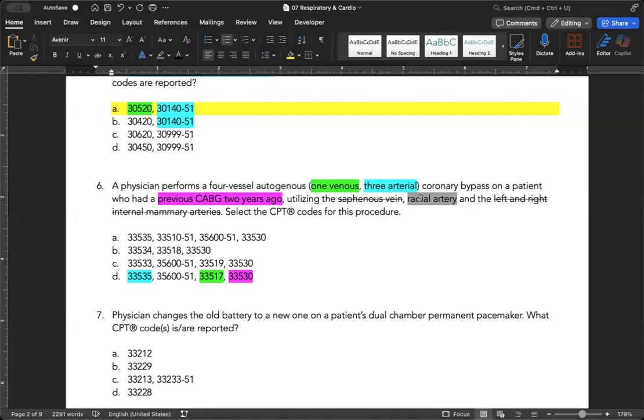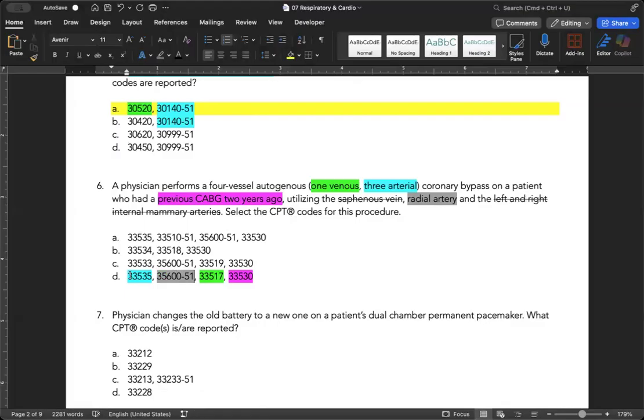And then 35600, we're going to have to flip a couple pages to get to that one. That is the harvest of an upper extremity artery, one segment for a coronary artery bypass procedure, open. So the radial artery is being reported as an open procedure.